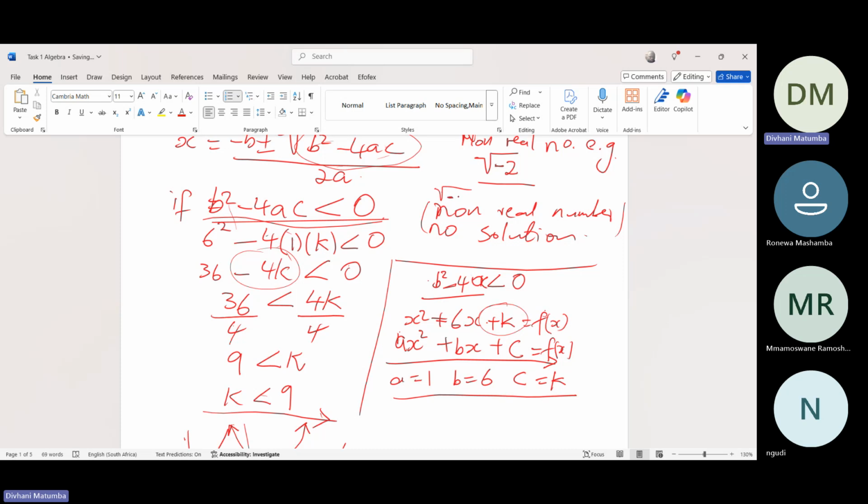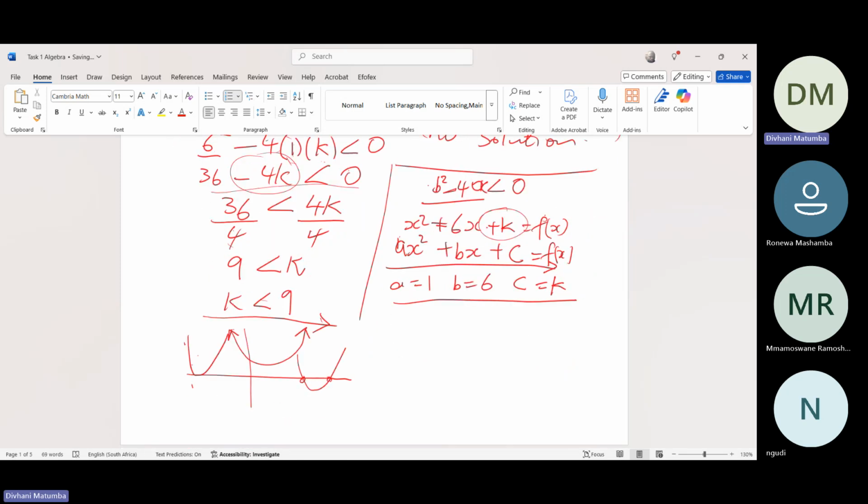So a negative number is any number that is less than 0. All right. Now, I have substituted. B was 6, A was 1 and our C was k. So after solving, we found out that k should be any number which is greater than 9.